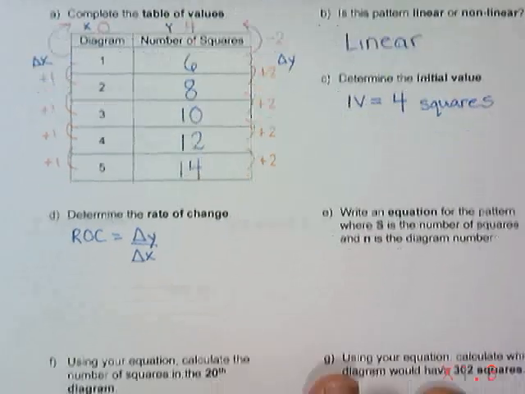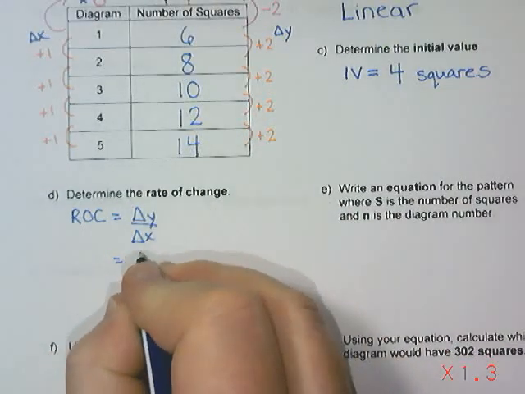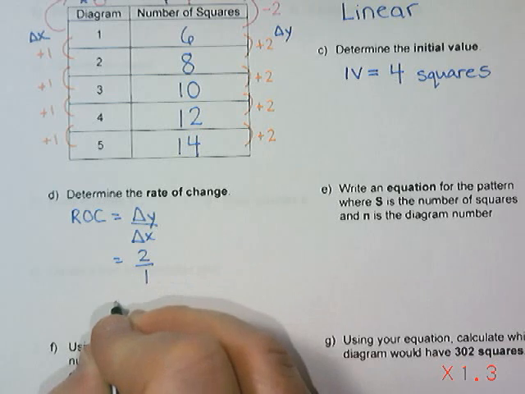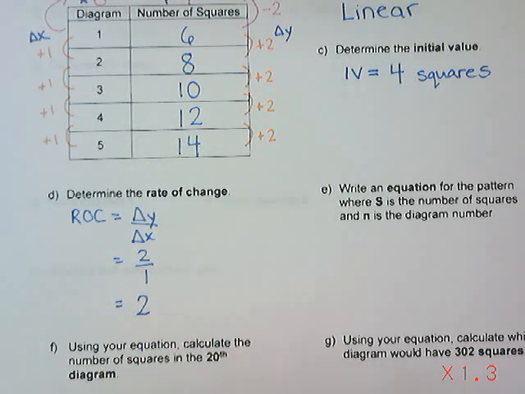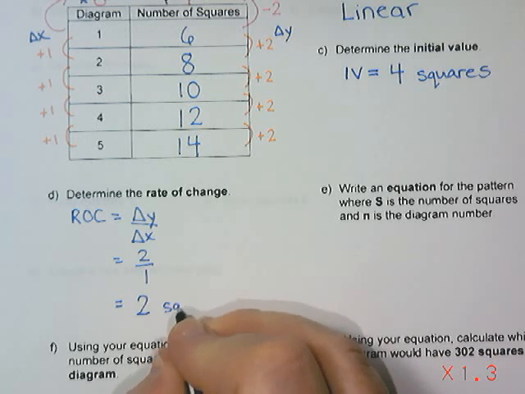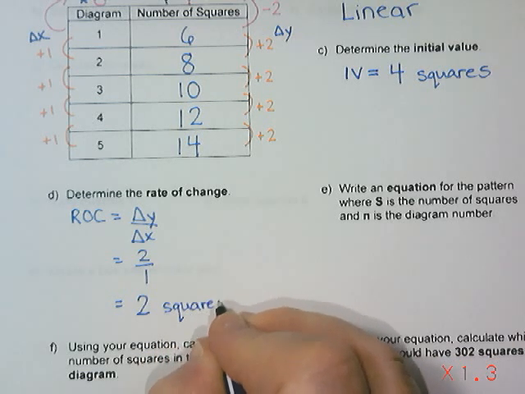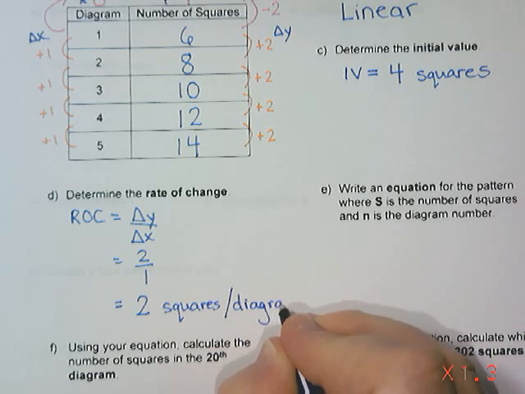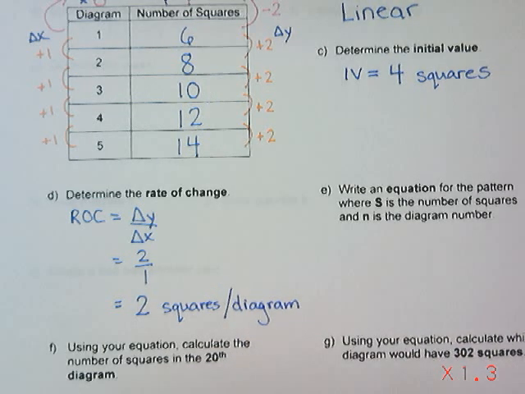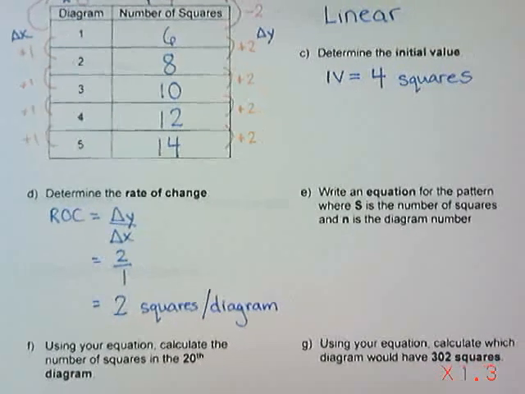Delta x, we were going up 1. So this is 2 divided by 1. 2 divides nicely by 1. It just equals 2. So we are going up 2 squares per diagram. So for every diagram we go up, the number of squares goes up by 2.